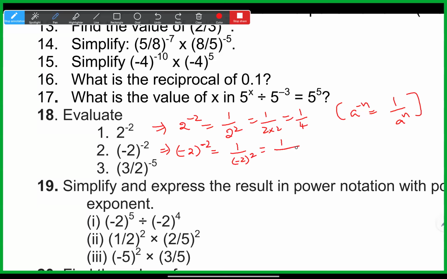So 1 by minus 2 into minus 2. Minus and minus is plus, 2 into 2, sir, 4. Yes. And finally, the next one. This one you can tell directly. Fraction is there, means, as I was telling before, the easy way is just reciprocate it and make the exponent positive. Yes, sir. 2 by 3 whole power 5.